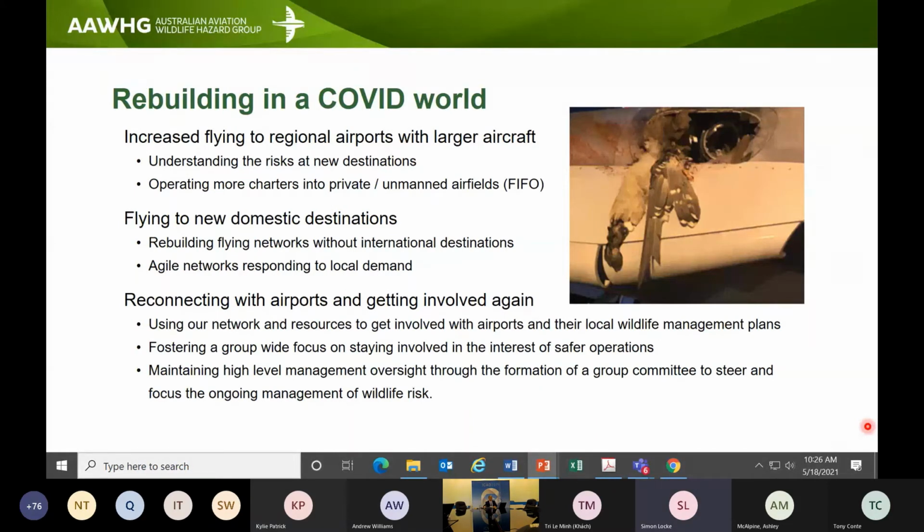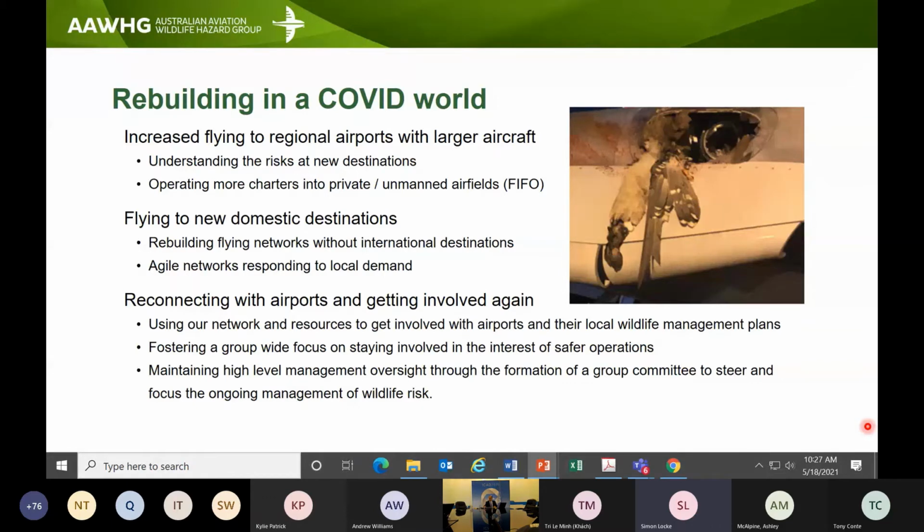So, as you would know, Australia has been quite fortunate in how we're recovering in an aviation sense from this COVID conflict, and more importantly, we're now operating almost at 80% of our previous domestic capacity.